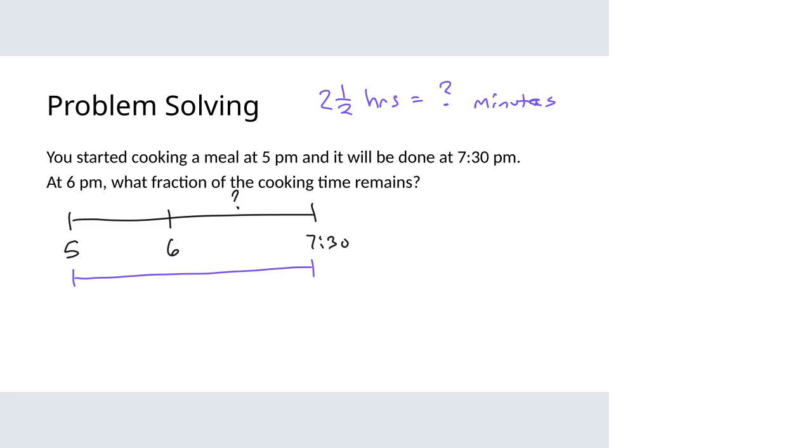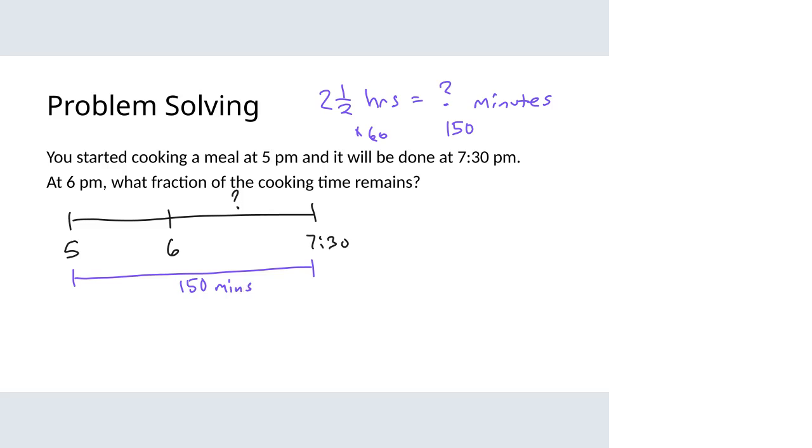You'll see why we're going to convert this to minutes when we work on it, I promise. Kind of a base 60 question, which is always kind of cool. 150, that's right. We're just multiplying by 60. 2.5 hours, if we multiply the 2.5 by 60, we get 150 minutes. So the entire cooking time is 150 minutes.